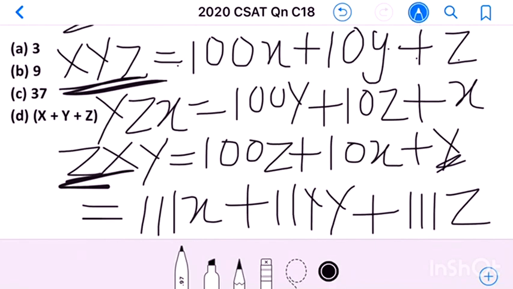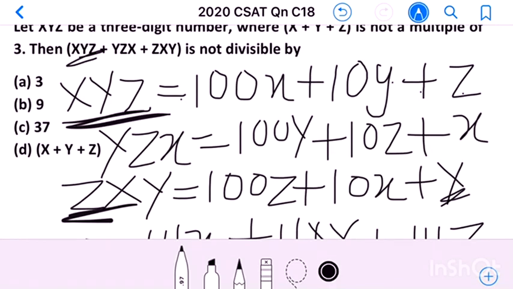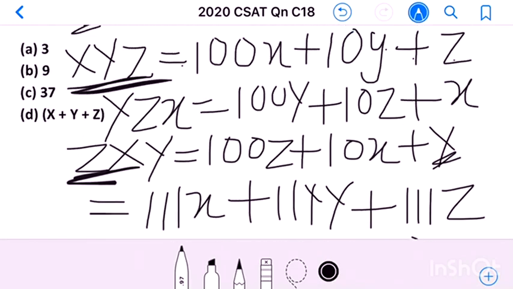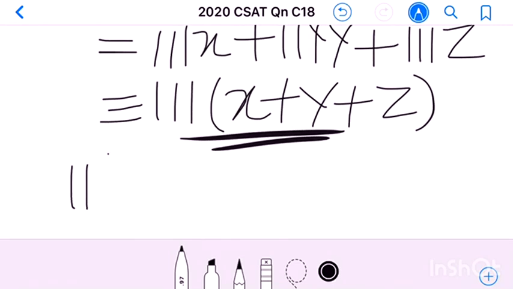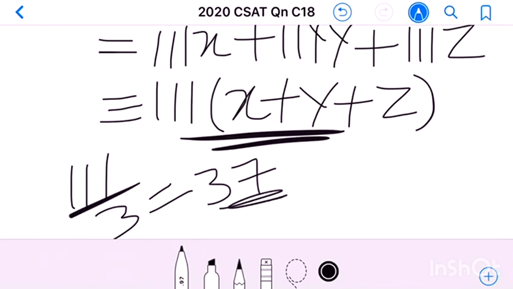So let's see whether the first option divides this sum or not. 3 divides this? x plus y plus z is not divisible by 3, not exactly divisible by 3. Then 111 divided by 3, in 11 there are 3, then 21, 7, we get 37.